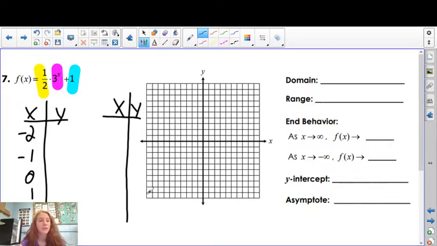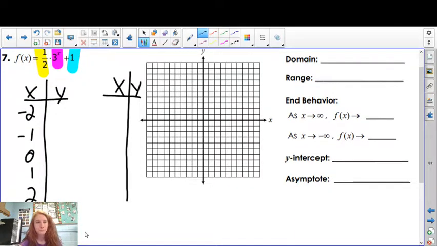We aren't exactly sure how we're going to change it, so we're going to leave that alone. So I'm going to take 3 to the -2nd, which is 0.11, 3 to the -1st, which is 0.33, 3 to the 0, which is 1, 3 to the 1st is 3, and 3 squared is 9.